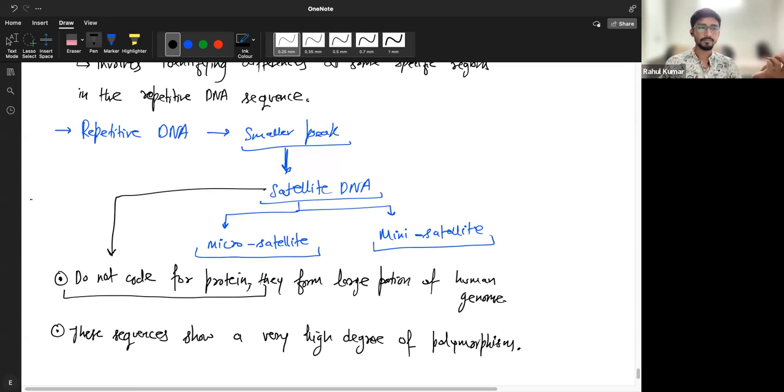Polymorphism is simply variation at the genetic level that arises due to mutations. Simple. So mutations happen, and these mutations do not have any consequence, so they stay there and then they are passed on.